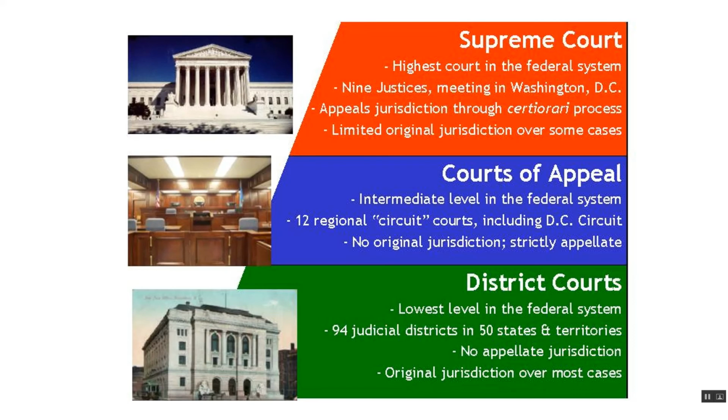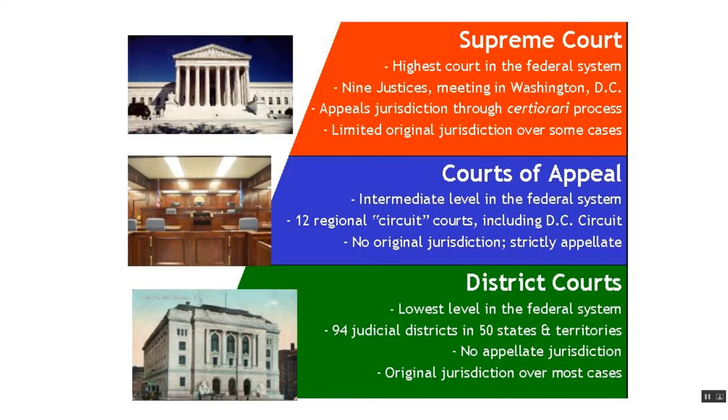And Article 3 of the Constitution tells us that in addition to the original jurisdiction, the Supreme Court shall have appellate jurisdiction over all other cases with such exceptions and regulation as Congress shall create. In other words, the Constitution says the Supreme Court has original jurisdiction in a very limited number of very specific types of cases, but that it also has appellate jurisdiction defined by Congress.